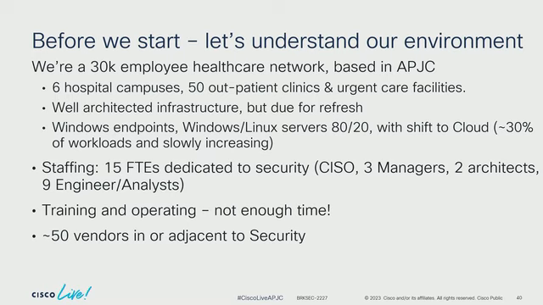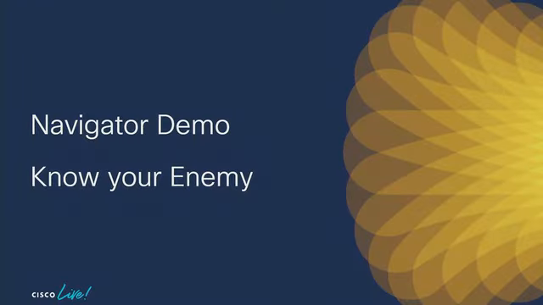On the server side, mostly Windows with some Linux. We're moving to cloud. We've got some full-time staff. We've got a CISO. We've got some architects. Never have enough time for training and operational best practices, hey, real world, and we've got a bunch of different vendors in our environment. Sounds kind of generic, maybe specific to some of you, but this is just the example we're gonna give. All right, so know your enemy.